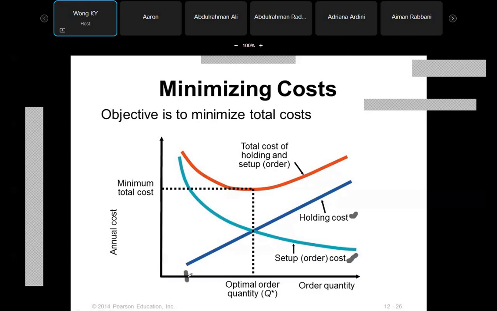Order quantity is less. If the order quantity is less, it means we have to order more frequently, correct? So if we order more frequently, ordering cost will be high. But if the order quantity is large, then we don't have to order so frequently. The ordering frequency can be reduced, and when the ordering frequency is reduced, the ordering cost can be reduced.